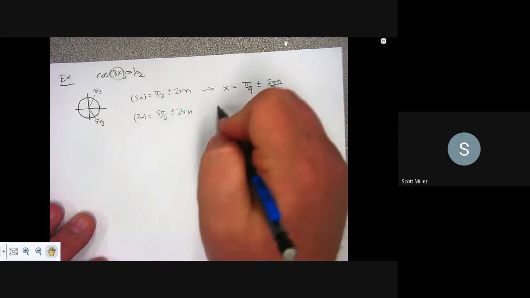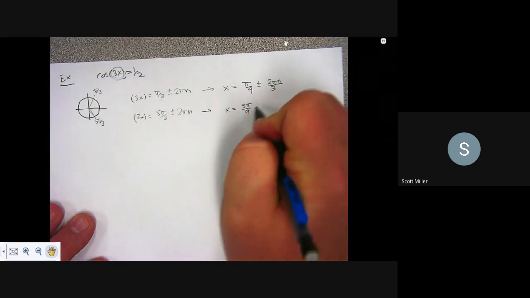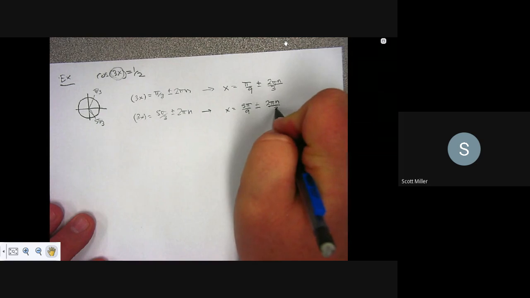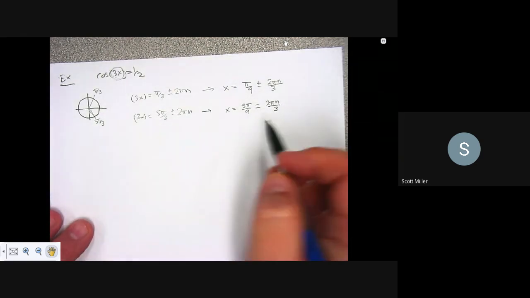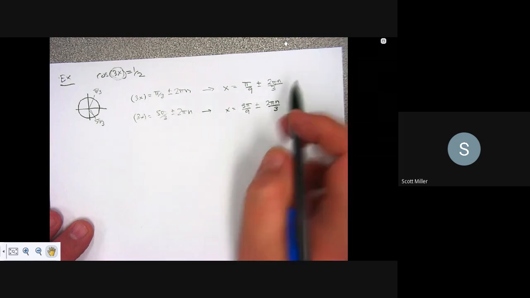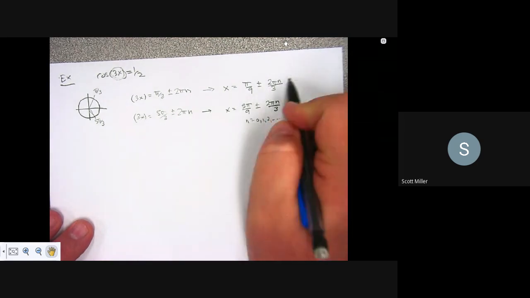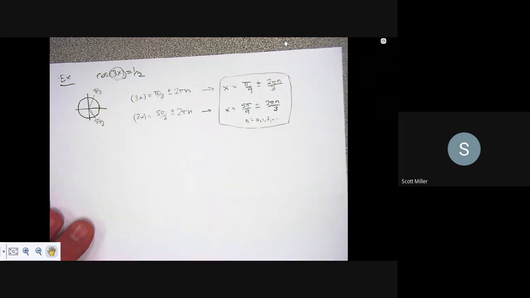And then this one right here, x equals 5 pi over 9 plus or minus 2 pi n over 3. And then n equals 0, 1, 2, and so on. So these are my solutions to that equation. It's all very similar to what we did before.